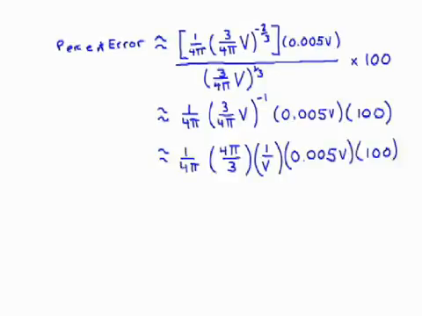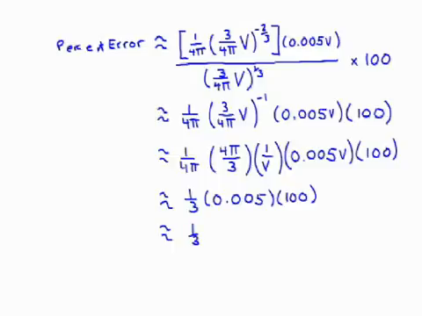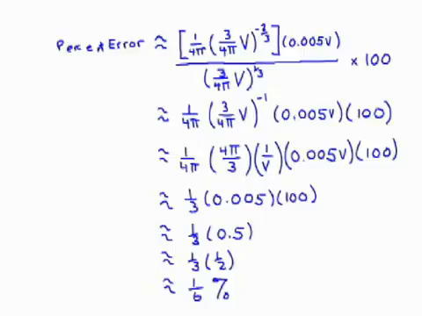It's then simply a matter of working those values out, and we end up with a value of 1/6%. Therefore, r should be measured with an error of no more than 1/6% in order to ensure that my volume is within half a percentage of its true value.